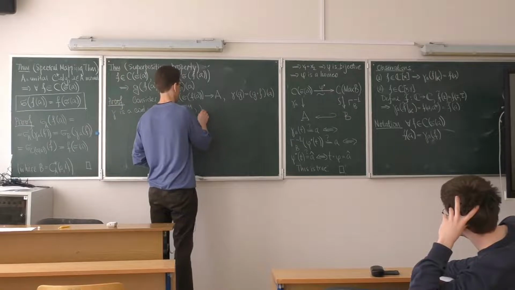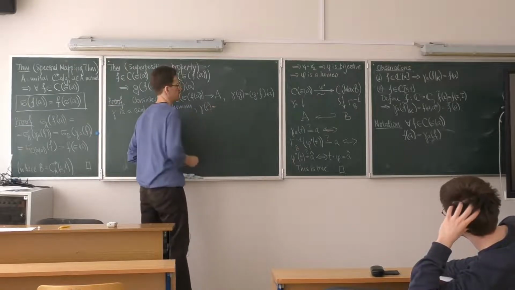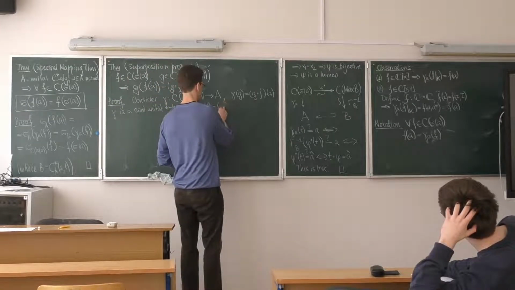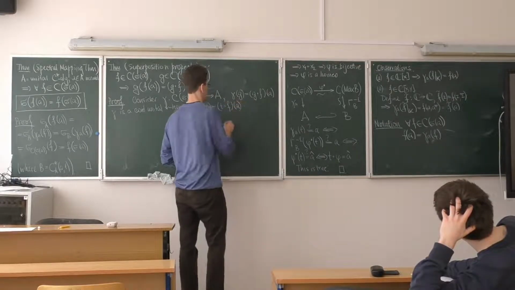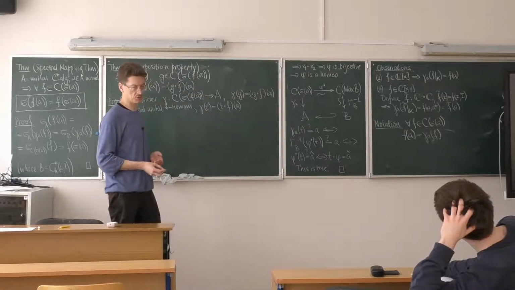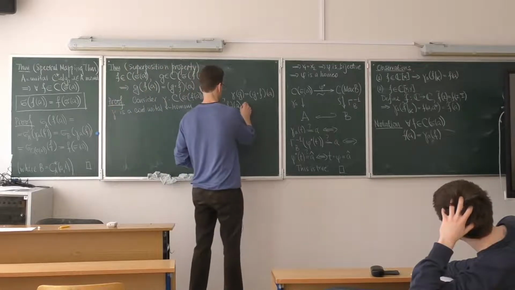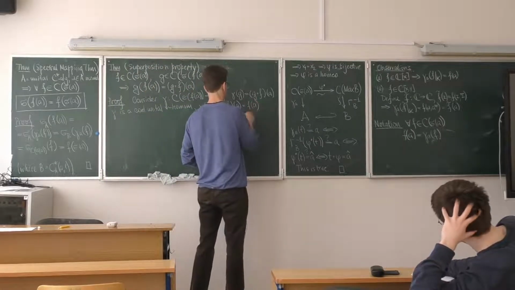And it takes a little t to t composed with f applied to a. But t is the inclusion map, so this is just f of a.